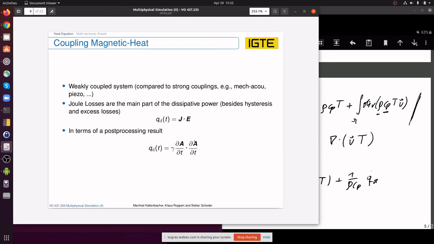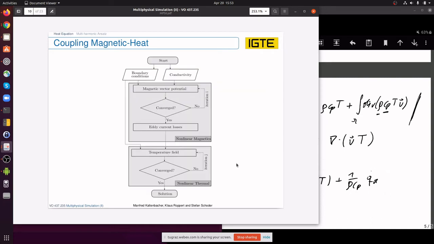So we first need to solve for the magnetic vector potential A in the magnetic step. Then we evaluate the Joule losses. So we evaluate the time derivatives and perform a scalar multiplication. Then we have a scalar quantity that we can prescribe as the right hand side of our heat PDE. So this is shown here in this scheme.